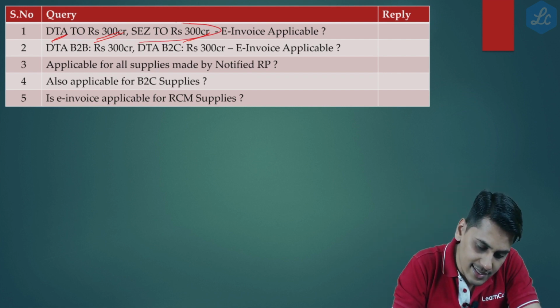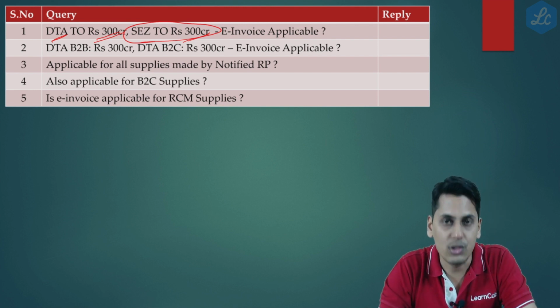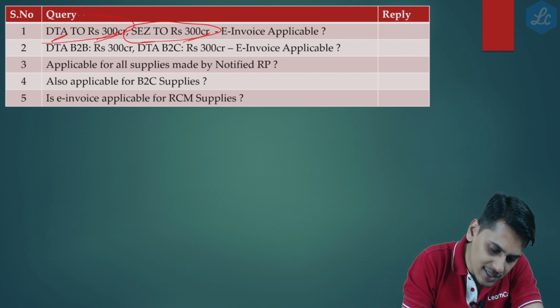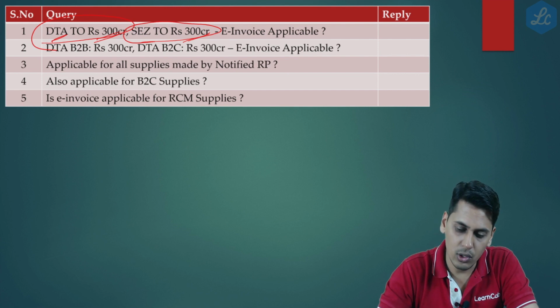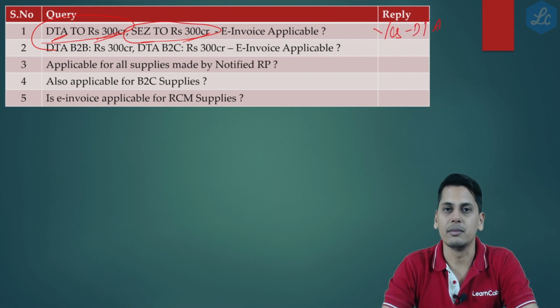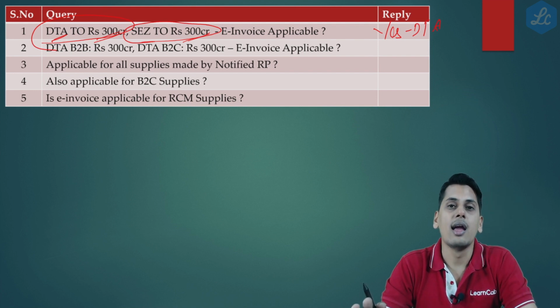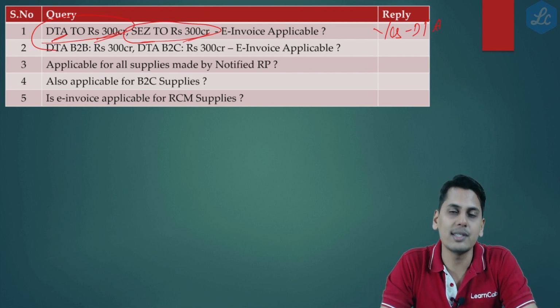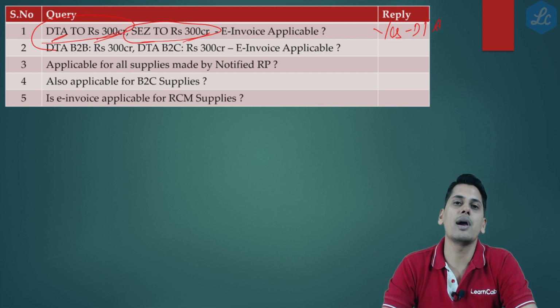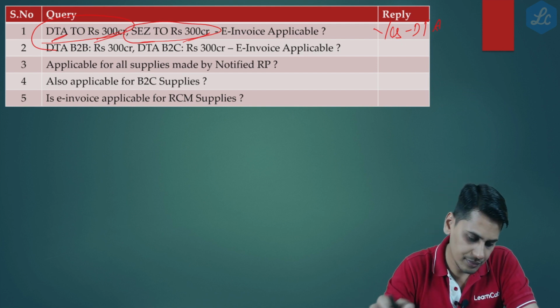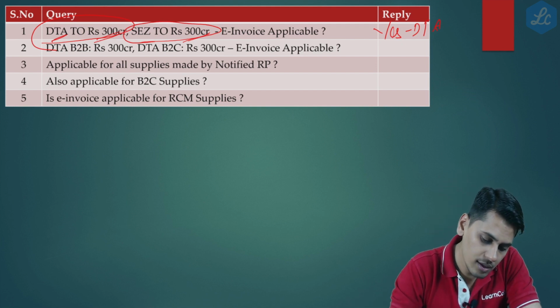So friends, for this SEZ unit, e-invoice provisions is not applicable. However friends, for this DTA unit, e-invoicing provisions are applicable. So this DTA unit has to prepare an e-invoice for its B2B supplies and exports.